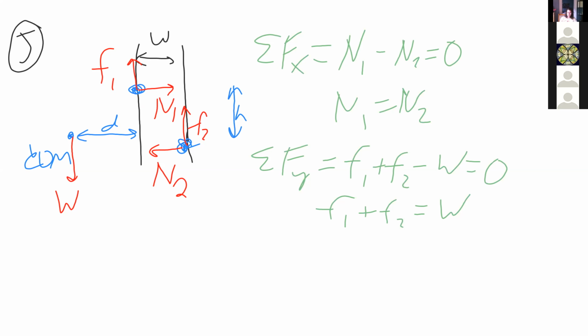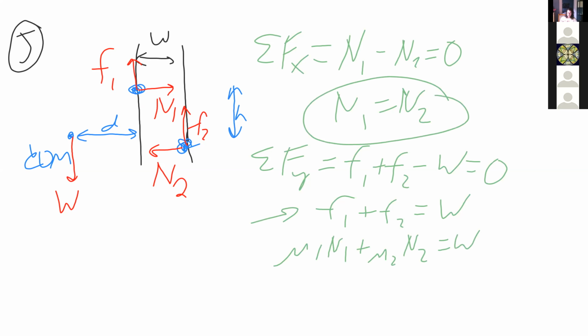Oh, I should actually point out, we can solve a little bit further here. We can actually go ahead and solve part A, because we have this relationship with the forces of friction and the weight. This tells us that mu1 times n1 plus mu2 times n2 is equal to W. And then we know that n1 is equal to n2.